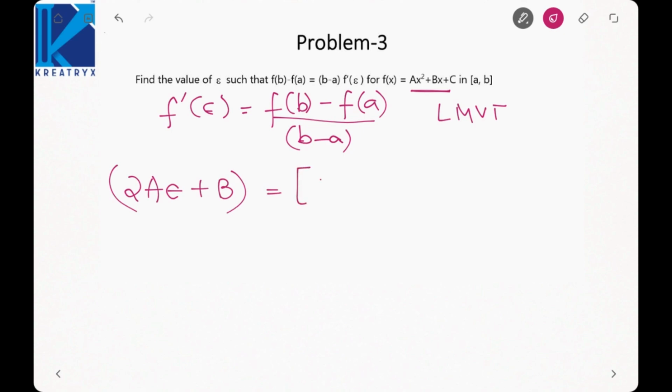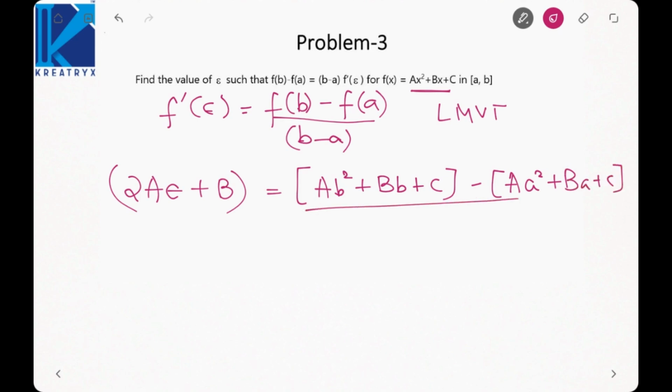What about fb? ab square plus bb plus c, fa is aa square plus ba plus c, divided by b minus a. So it will be a into b square minus a square plus b, minus a.